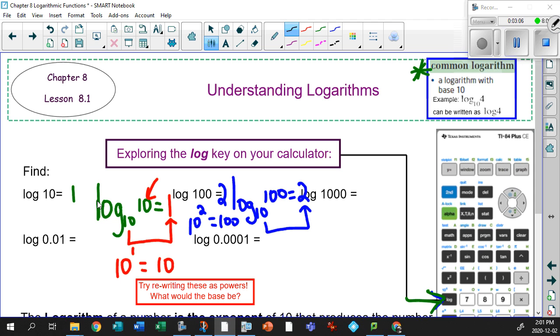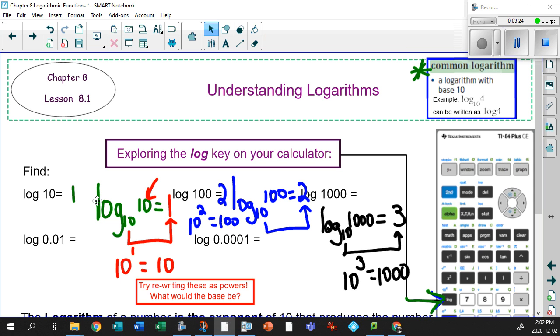Look again at this guy. This was log base 10 of 1,000. We said that equal to 3. Watch. 10 to the power of 3 is your original question, which is 1,000. Isn't that interesting? Do you see the relationship now? This just makes so much sense.